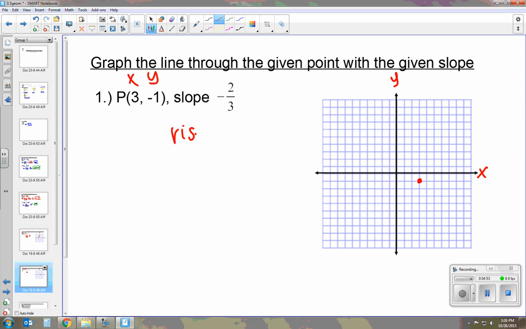So we're going to have our rise over our run. And it has a negative in the front, but that means only one of those numbers is going to be negative. So I always put it on the top. So it's a negative 2 over 3. So I'm going to rise a negative 2, which means go down 2, and then run to the right 3. And then now we have our line. So we do definitely need to remember how to graph points and their slopes.